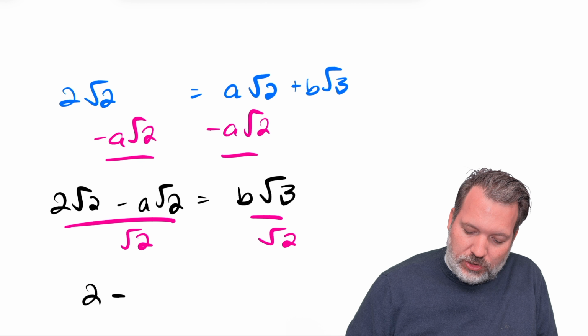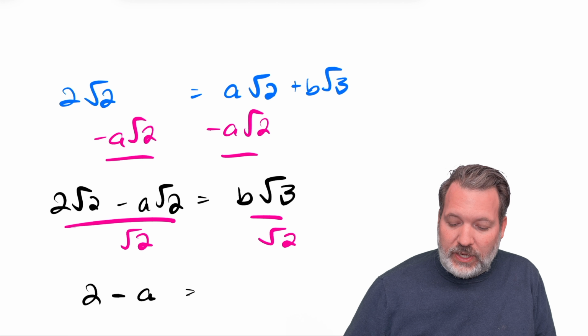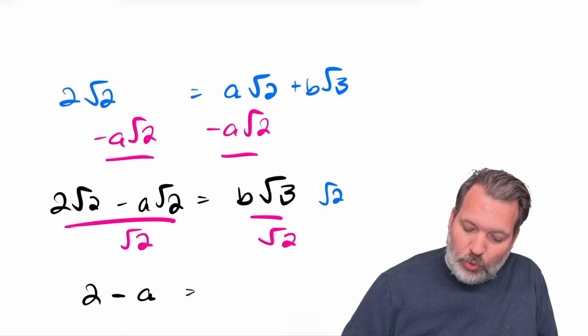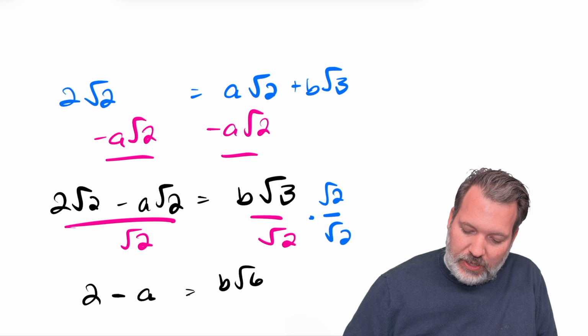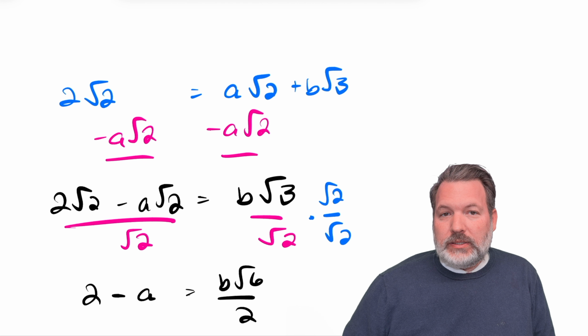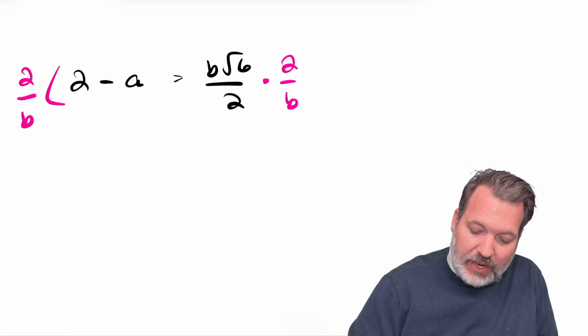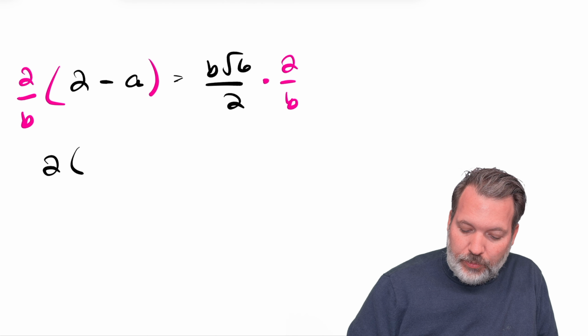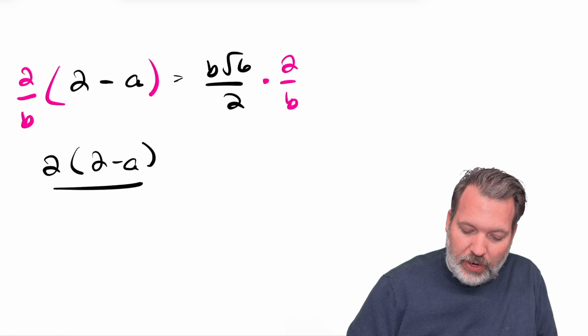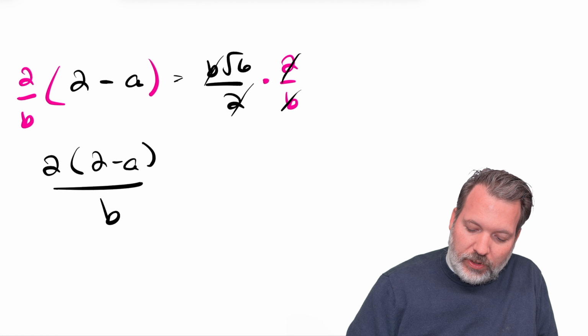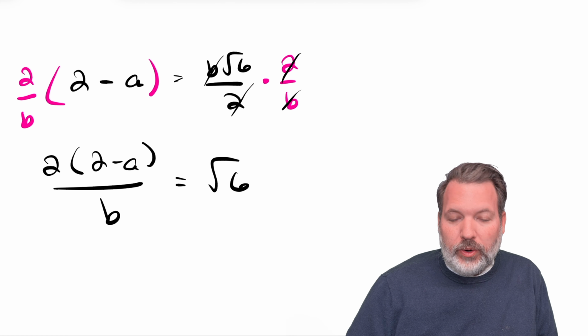So what we get is just 2 minus a on the left-hand side, and if we do a little bit more of that rationalizing like we were earlier, we get b root 6 over 2 on the right-hand side. Furthermore, if we multiply by 2 over b on both sides right now, we get all the nice numbers on the left, 2 times 2 minus a over b, and then the only thing we leave on the right is the square root of 6.